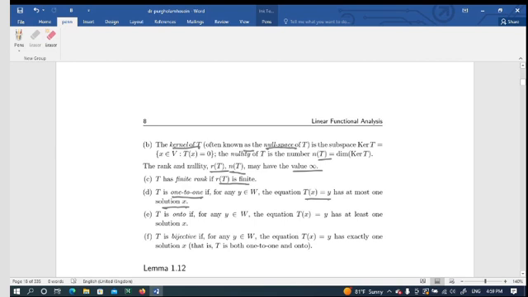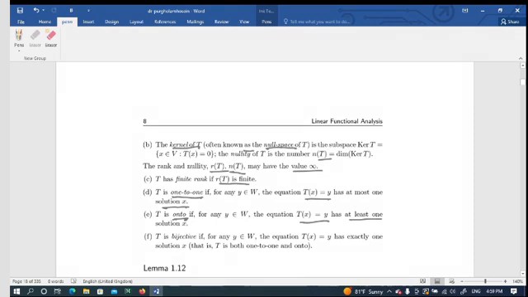And we say that T is onto if for any y the equation T of x equals y has at least one solution.